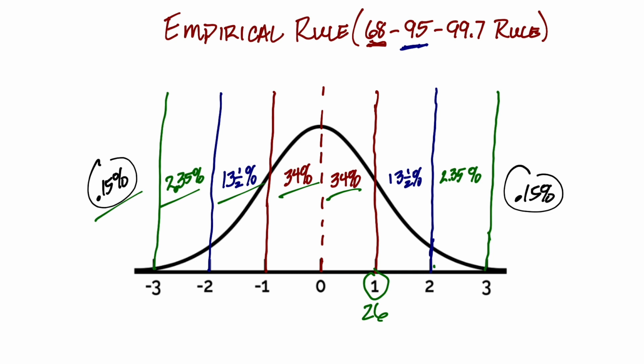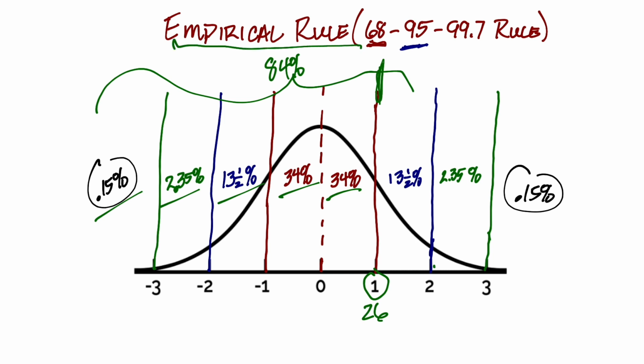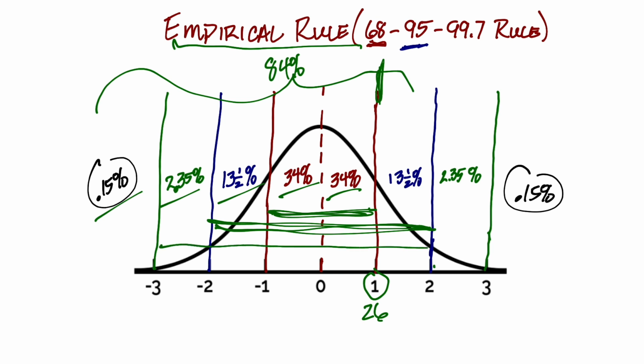By adding those up, I find that from here over, it would have been about 84%. So that's one thing that's nice about this empirical rule: it uses 68% being between here, 95% being between 2 standard deviations, and almost all of it, 99.7%, being within 3 standard deviations.